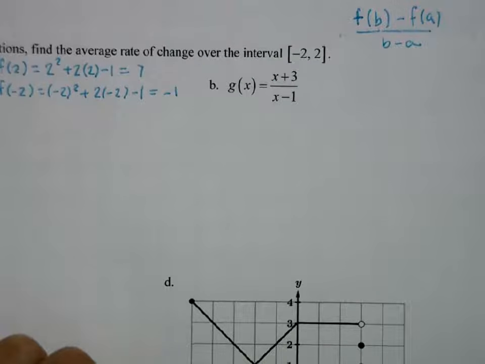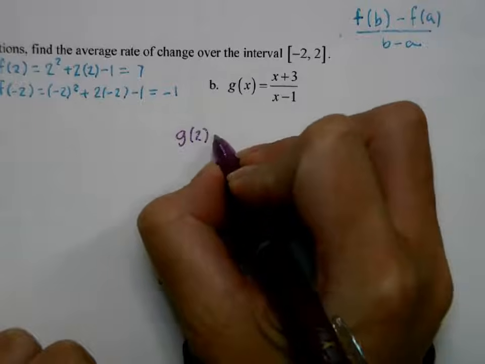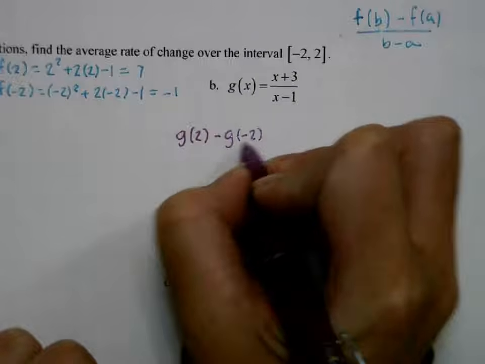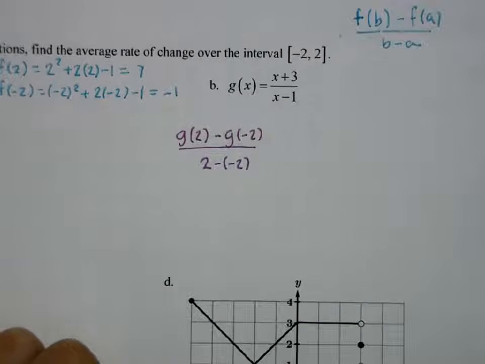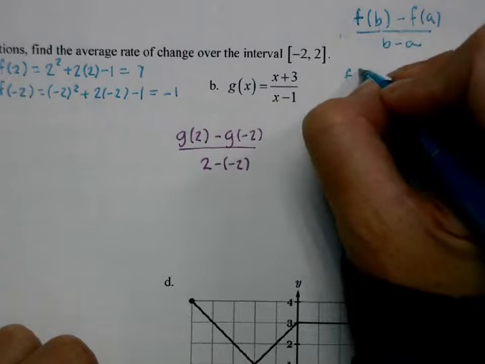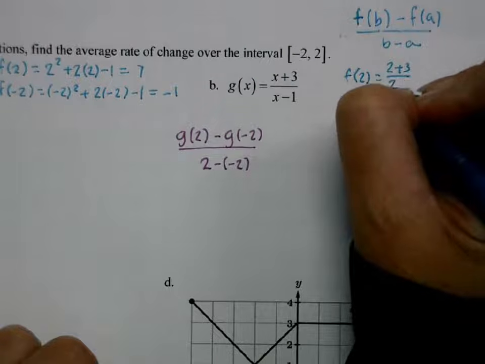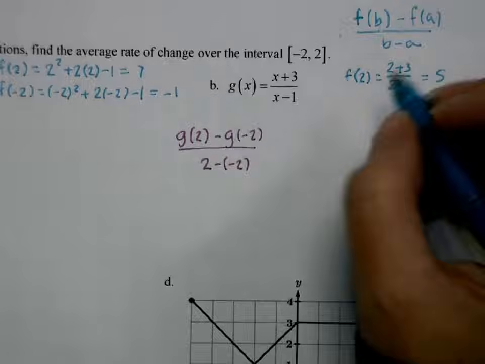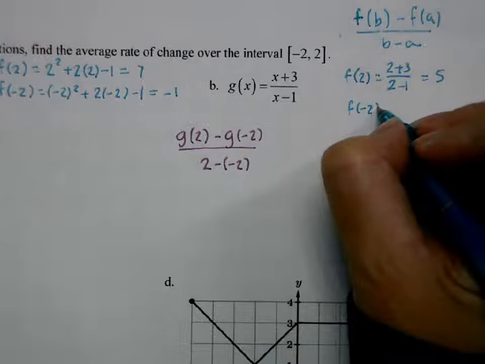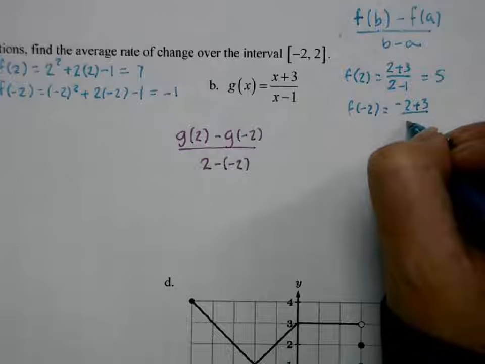Okay, our next equation. Start with our difference quotient, g of 2 minus g of negative 2 over 2 minus negative 2. Find our values. So f of 2 is going to be 2 plus 3 over 2 minus 1, which is just going to be 5. F of negative 2 is negative 2 plus 3 over negative 2 minus 1.